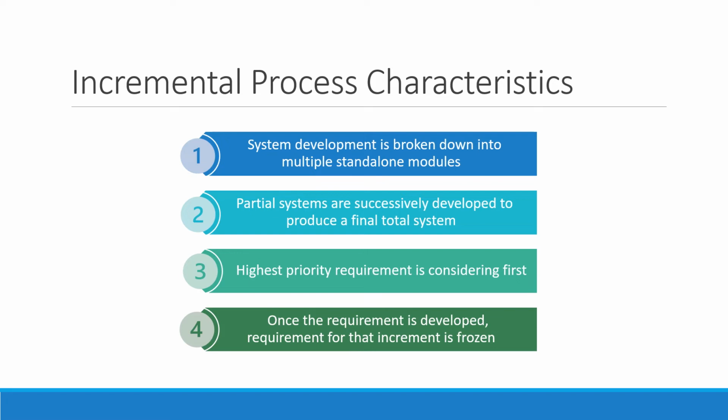Third, priority will be assigned to each of the stages or requirements, and the highest priority requirement of the software will be tackled first. Fourth, after the requirement of an increment is handled, that particular increment will be frozen, and concentration will be on the next increment or requirements.